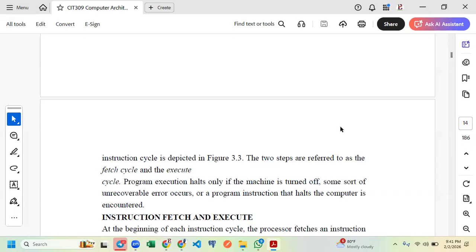You launch an app for editing, you want to edit on it. You launch MS Word, you want to type on it. You launch a browser, you want to browse. Each of them is referred to as an instruction. You are instructing the computer to do one or two activities on each of those apps you are opening. So the RAM is storing instructions. That is why we call it the working memory.